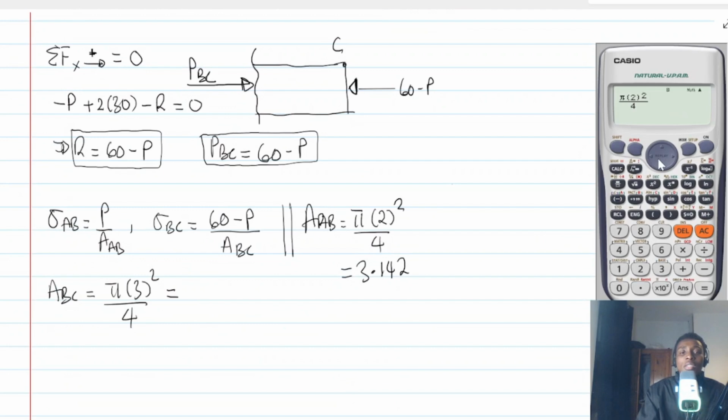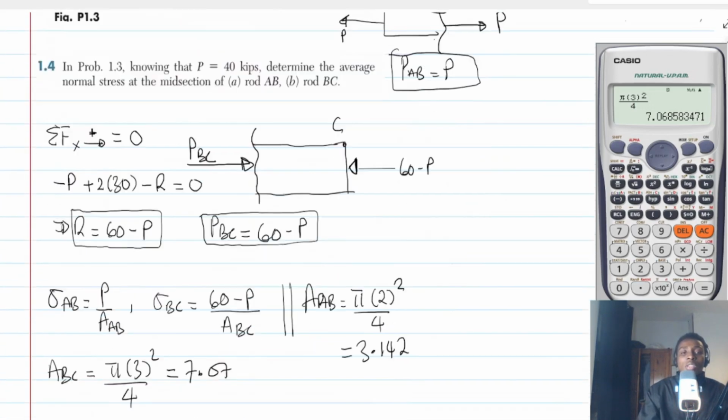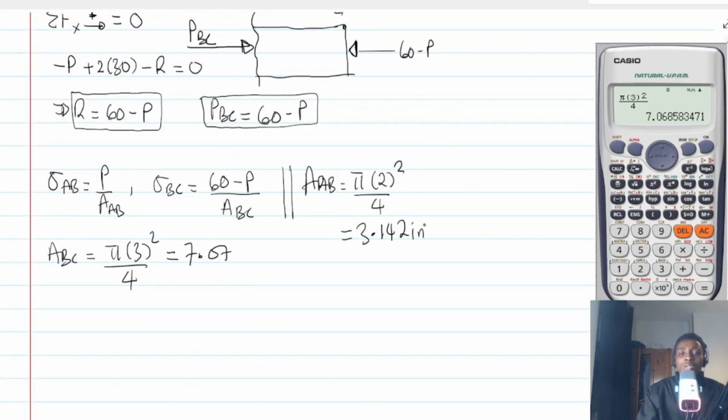If I replace this part by 3, then it is 7.0685. Okay, so let's say 7.07. This one is an area, and it's supposed to be in inch squared.